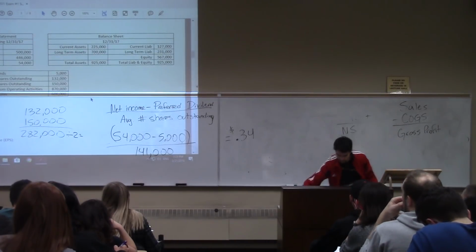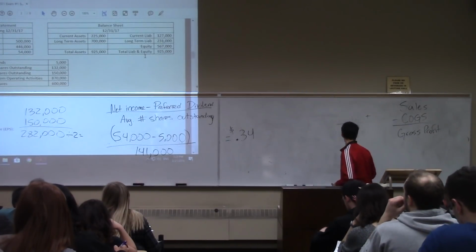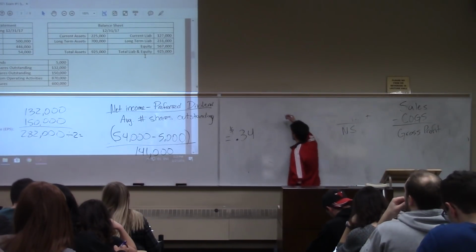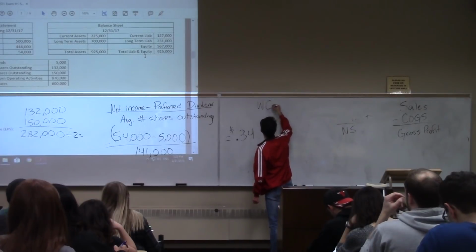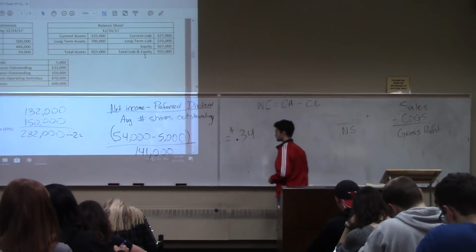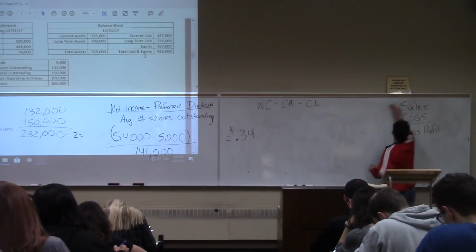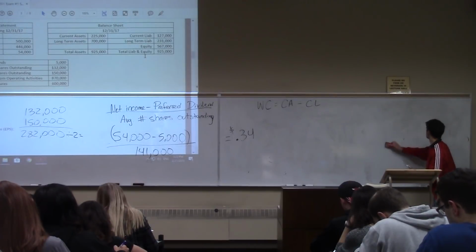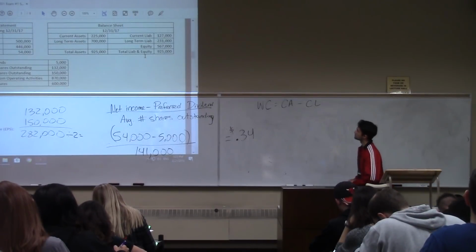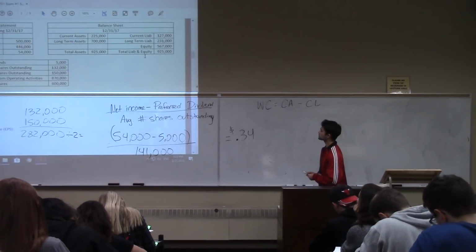We've got working capital next. Working capital is our current assets minus our current liabilities. To figure that out, we just get our information from the balance sheet.